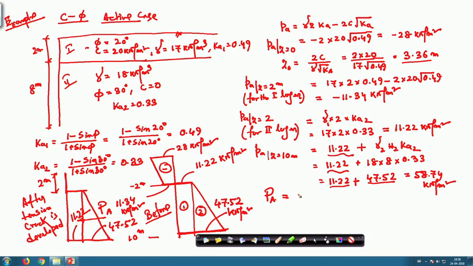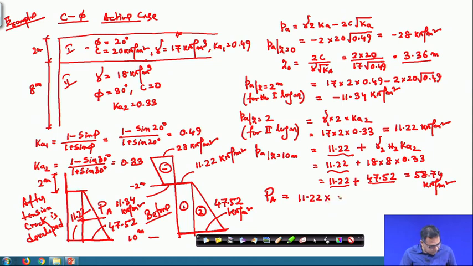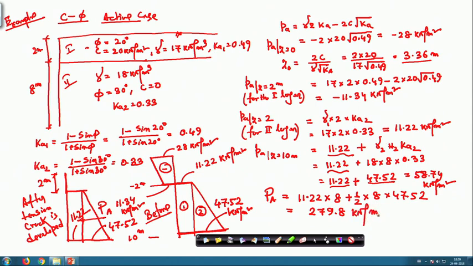Okay. So, the positive one, PA will be, this is 11.22 into the 8 meter height for the rectangle, then the triangle, half into 8 meter into 47.52. So, this will be 279.8 kilonewton per meter.